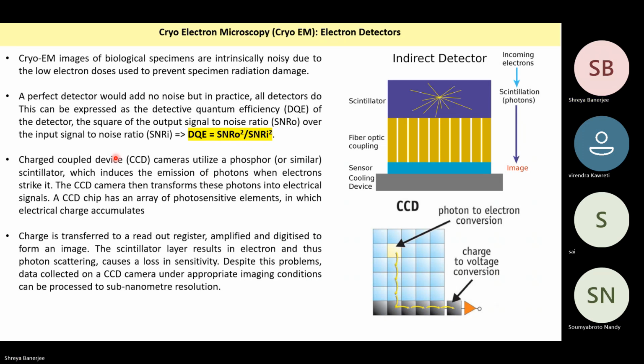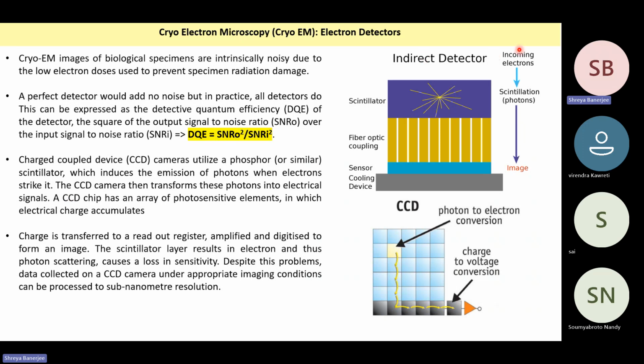The detector generally used is a charge coupled device or CCD camera, which utilizes a phosphor or similar scintillator, which induces the emission of photons when electrons strike it.